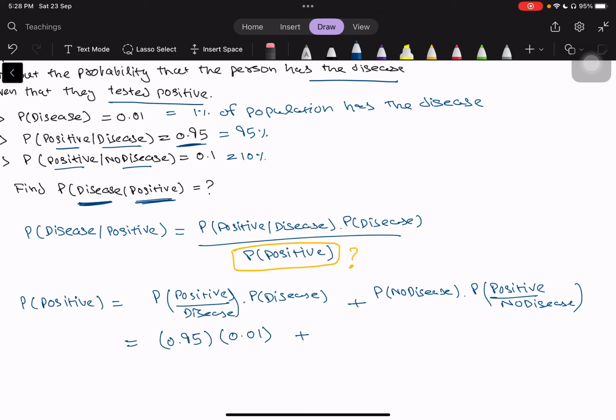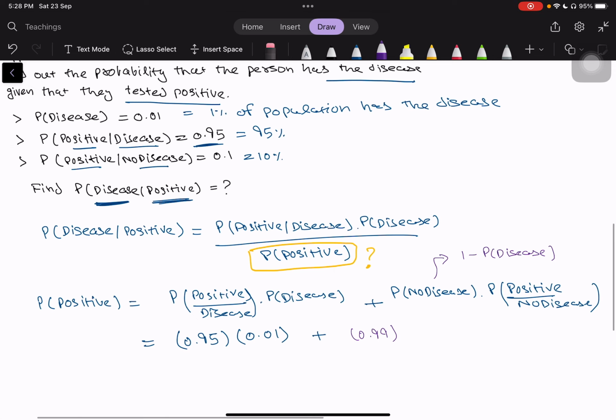And then what is the probability of no disease? It's just 1 minus probability of disease, so it's 0.99, okay? And then do we have this value? Probability of testing positive given that you have no disease is 10%, right?